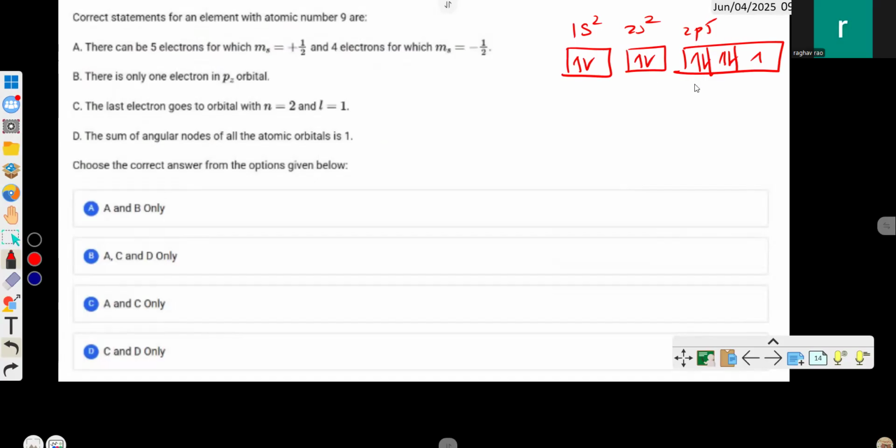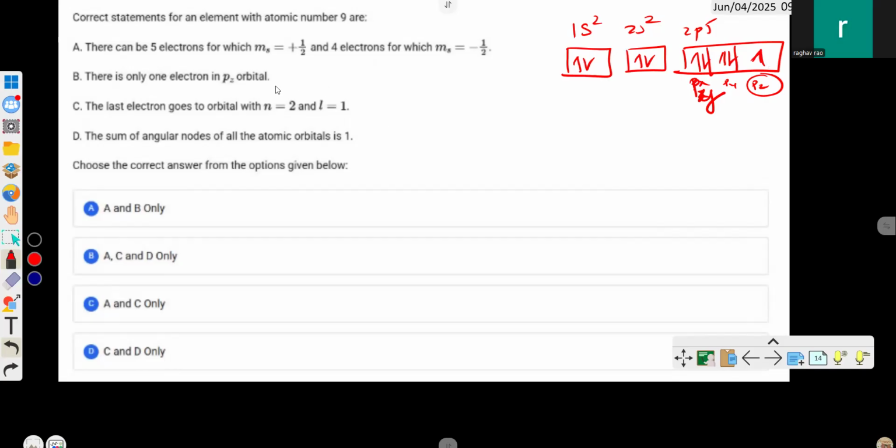So this can be pz present here, px also can be present here, py also can be present here. It's not mandatory that the electrons will enter into px, then py, then pz. It's not like the last electron is entering into pz. It is nothing like that. They are all degenerate orbitals. They are same energy orbitals. Electron can enter into any one of them randomly.